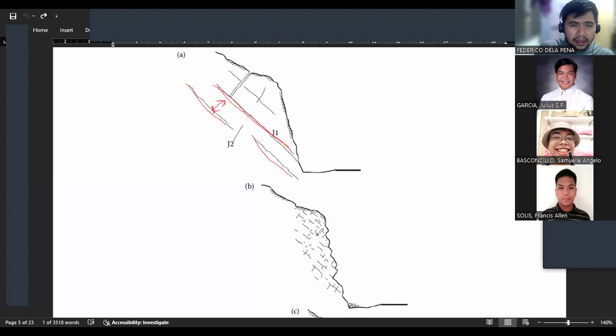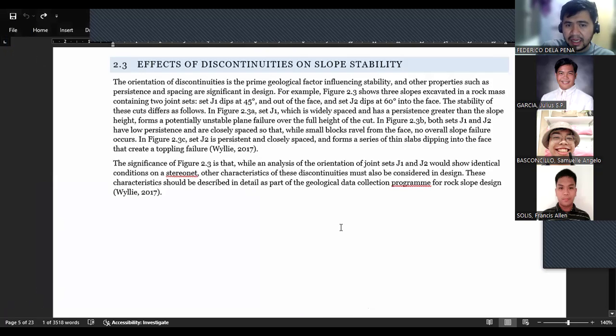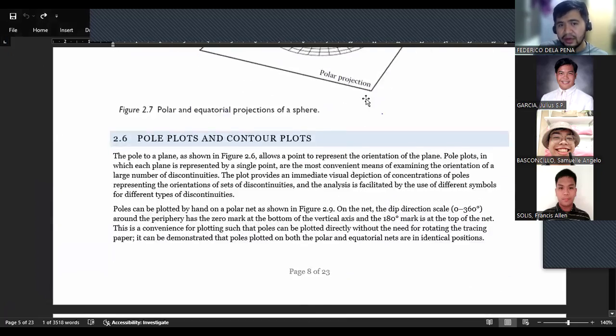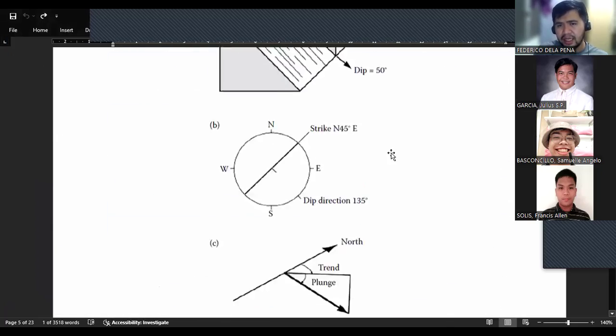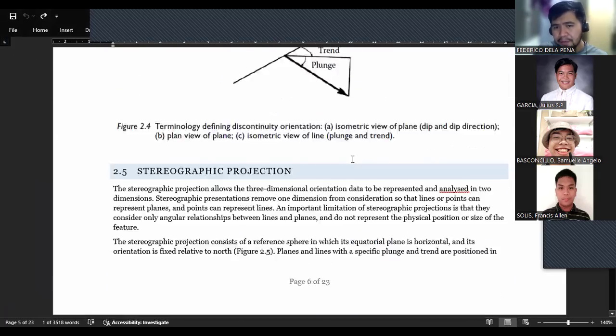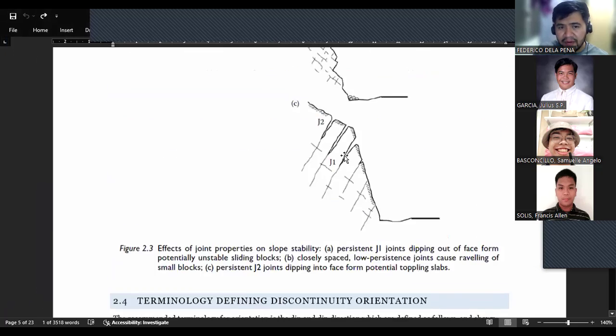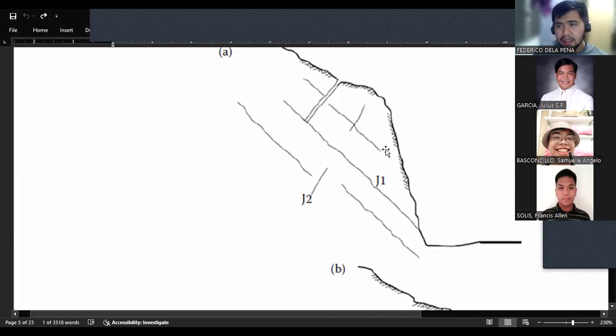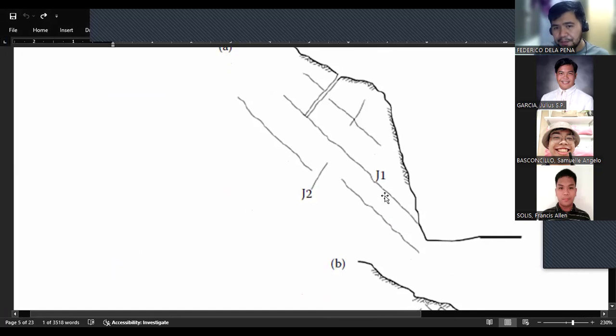All right. What's next? I think the next one is infill. Infill is basically the stuff that's inside your discontinuity. I think I already tackled that in the GSI lecture. Although you have to be very careful in dealing with infill.